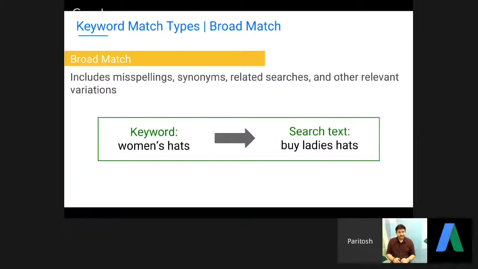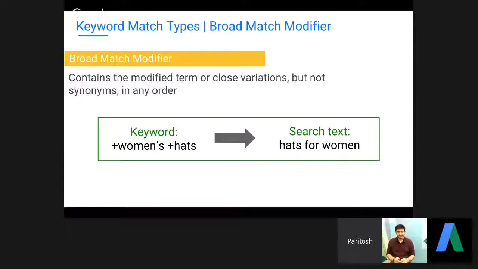So if you're the sort of business wherein you are aware of the fact that the product is such that there are multiple ways for people to find the product online, that is where your broad match keywords would come in. For businesses which are looking for something a little more specific, that's where your broad match modifiers come in. Now, what is the difference between the two? Simply put, in a broad match modifier keyword, we add the modifiers or the plus sign before the words.